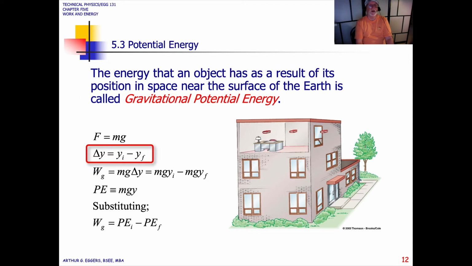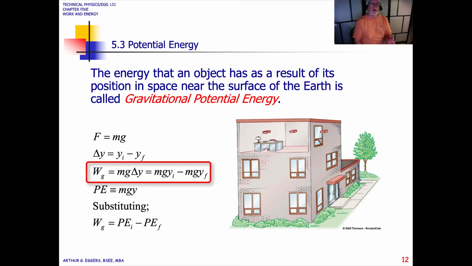Okay, so now we're going to take those two relationships and put them together to come up with a definition for potential energy and a relationship. So now we're going to say that the work, not the net work this time, but the work due to the gravitational acceleration, g, is equal to mg times the change in y.